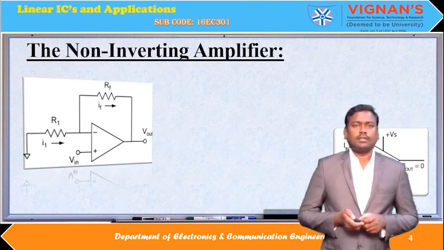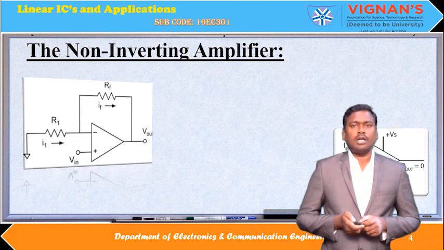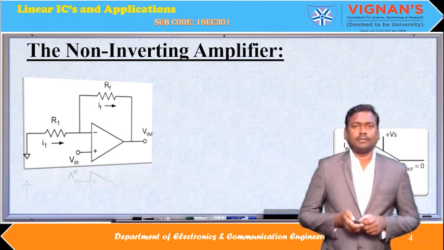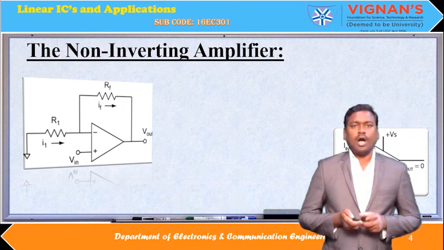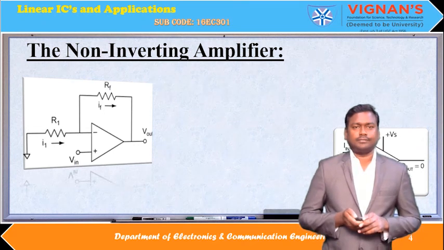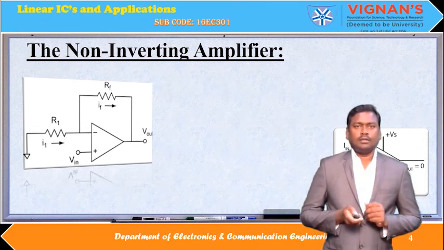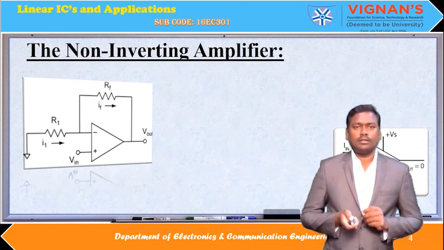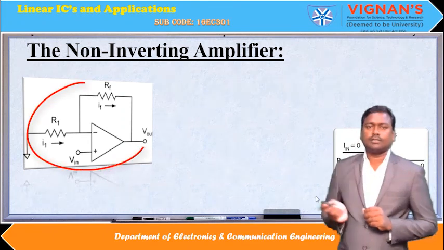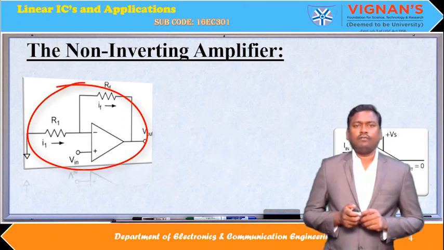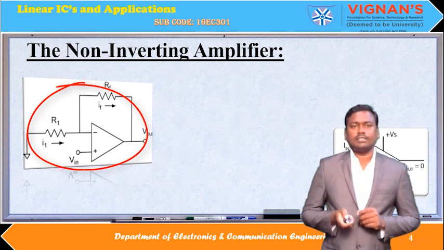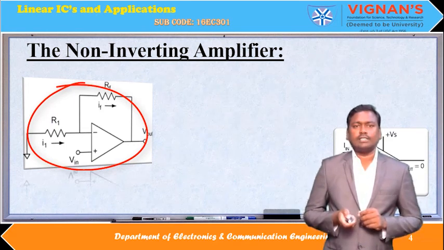In this, the first one is the non-inverting amplifier. The name itself indicates that the output is non-inverting of the input signal. The non-inverting amplifier circuit is shown in the figure. In this, the input signal is given at the non-inverting terminal of the op-amp.